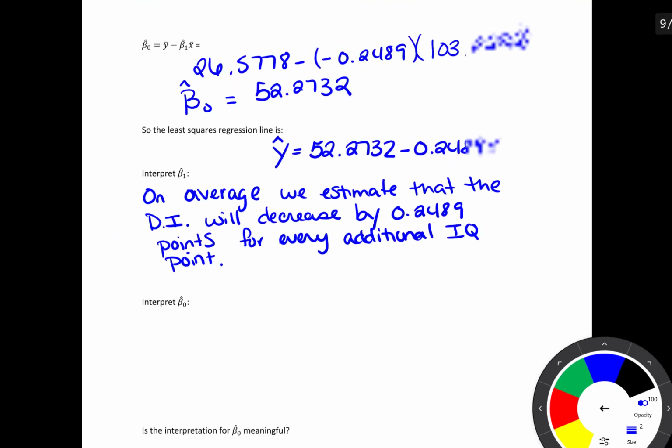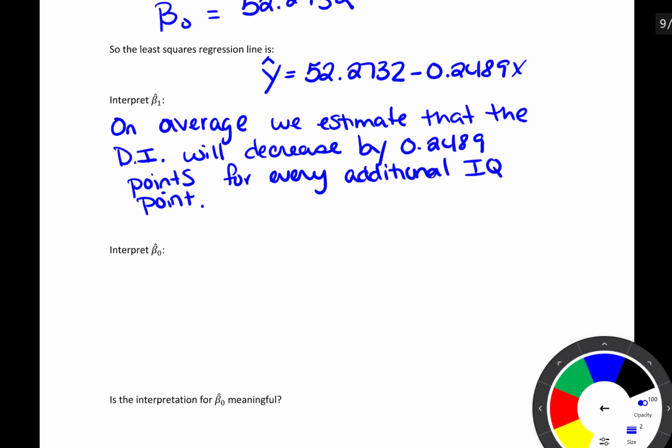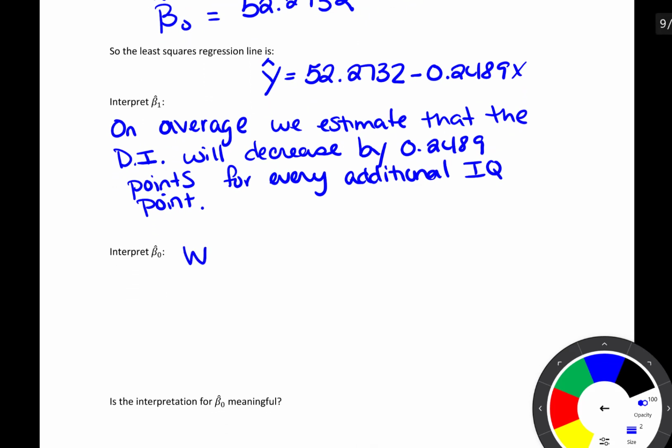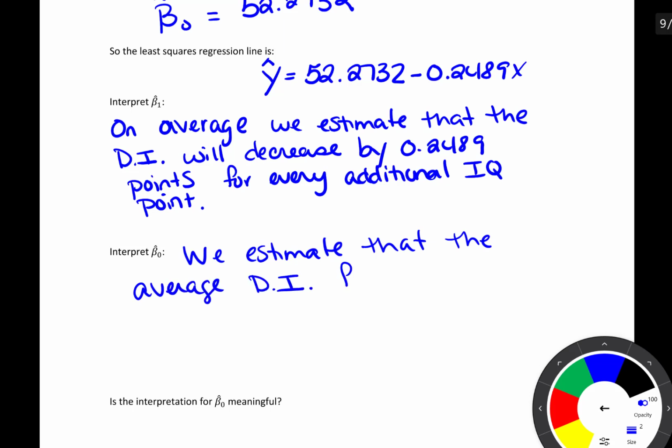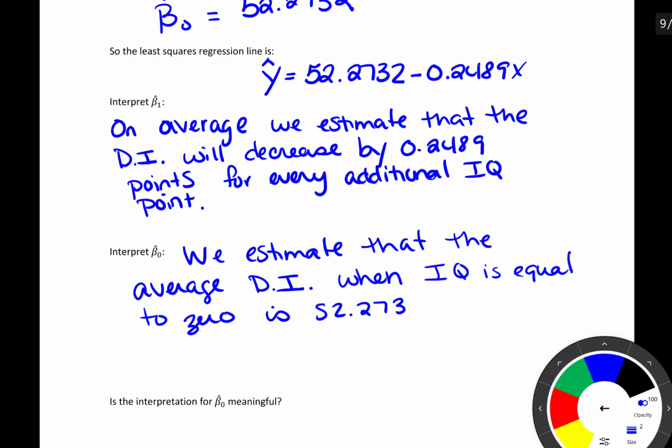And now we can write down the interpretation of the intercept. So for our intercept, we estimate that the average delinquency index when IQ is equal to 0 is 52.2732.